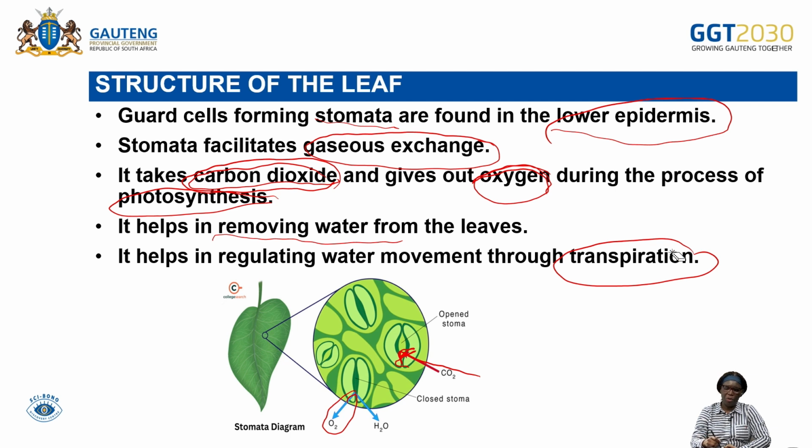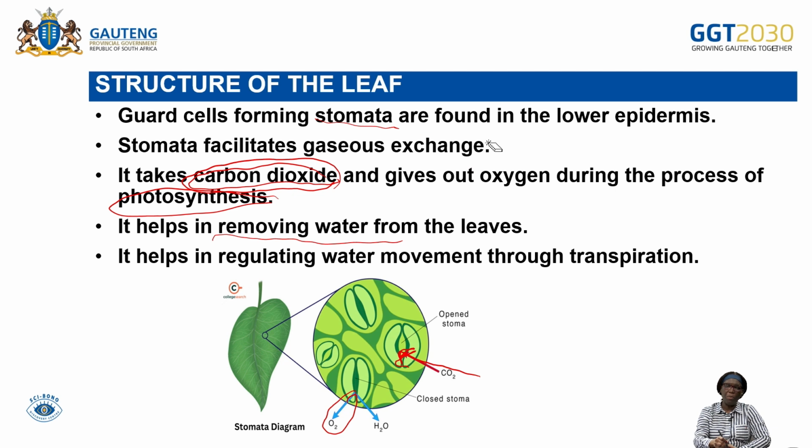In grade 10, you have learned about the process of transpiration, where we said that water is lost in the form of water vapor through the leaves. That process we said is transpiration. So the part of the leaf that is responsible for regulating water movement in the leaf is known as what? Is known as the stomata.